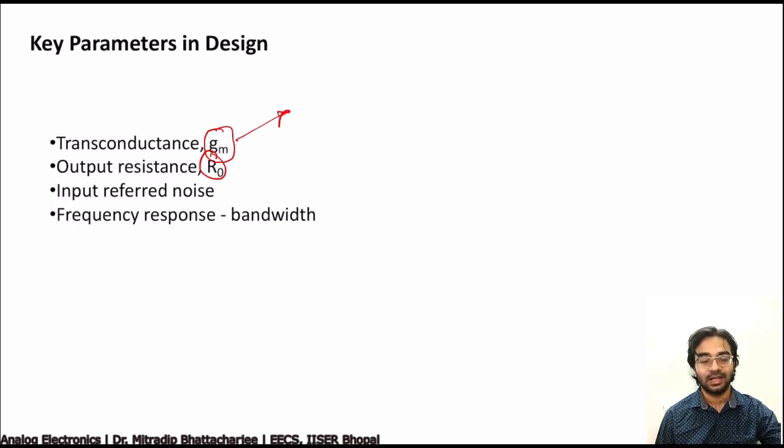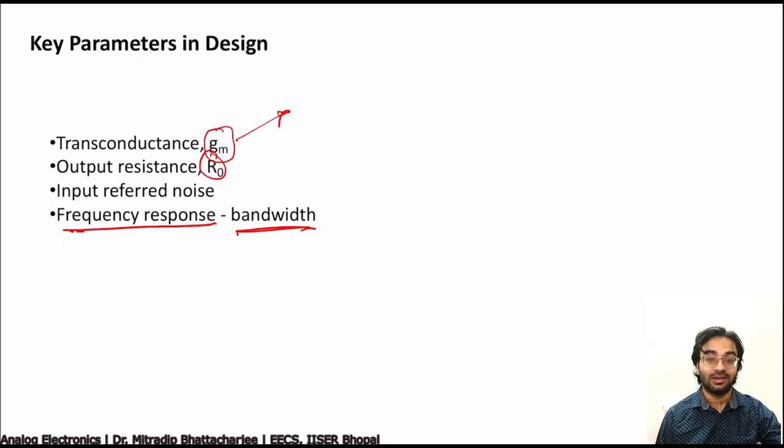In the coming class, I will be deriving equations for output resistance and GM, then you will get to know how they influence the circuit. Currently I am just introducing the terms. There is another thing called input referred noise. And the other thing is frequency response, that is bandwidth. After transconductance, bandwidth is very important.